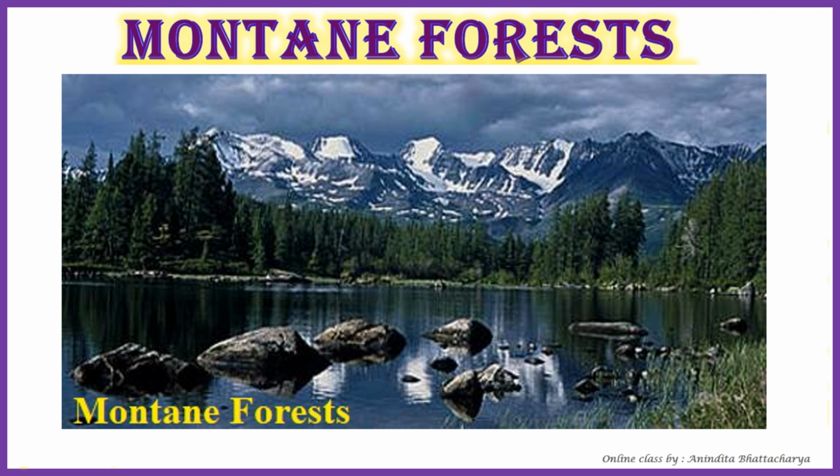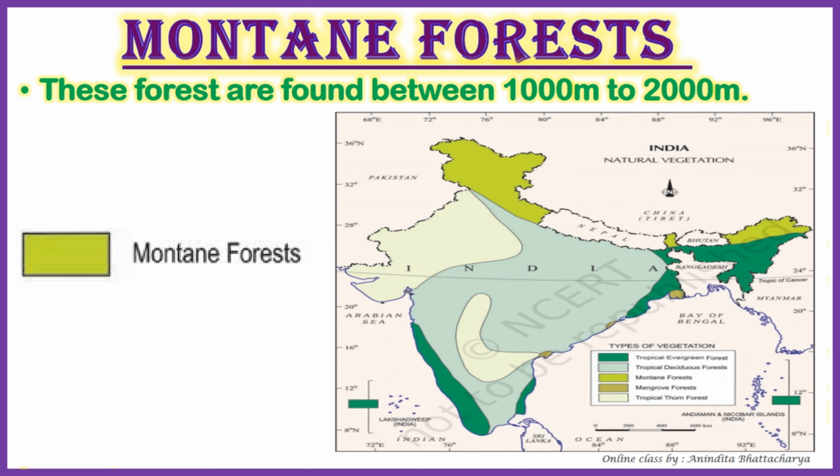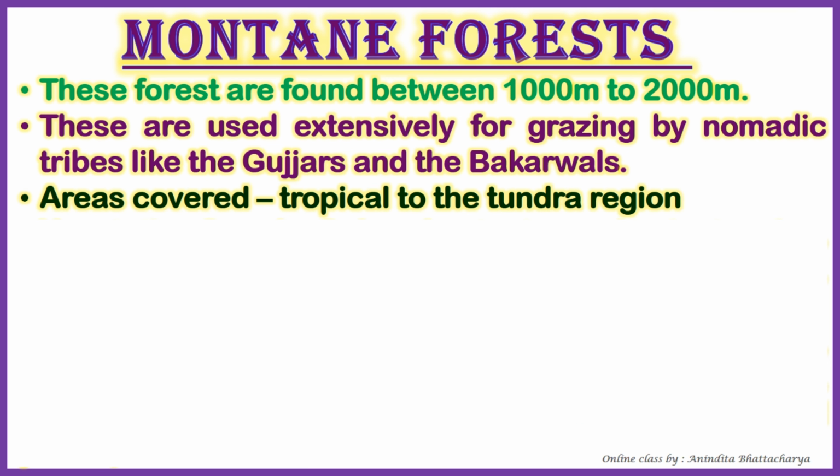Our next classification is montane forest, and these forests are found between 1000 meter to 2000 meter in elevation. These are used extensively for grazing by nomadic tribes like the Gujjars and the Bakarwals. Areas covered range from tropical to the tundra region.